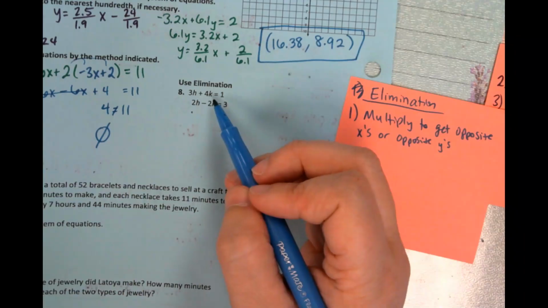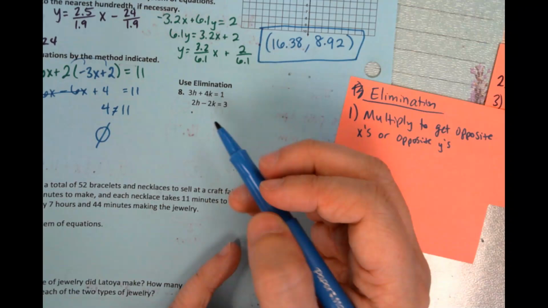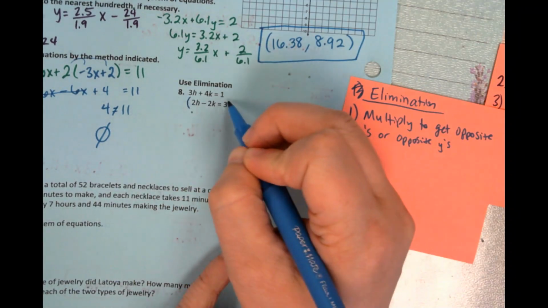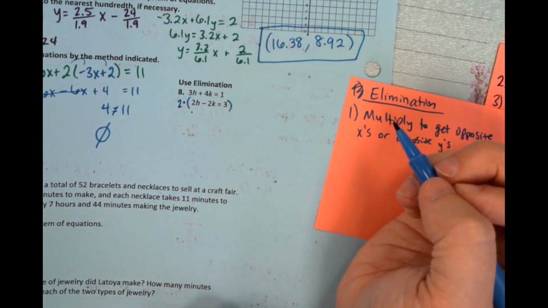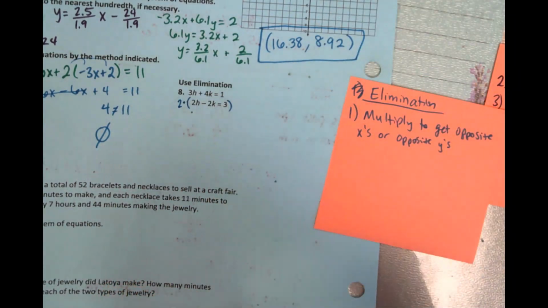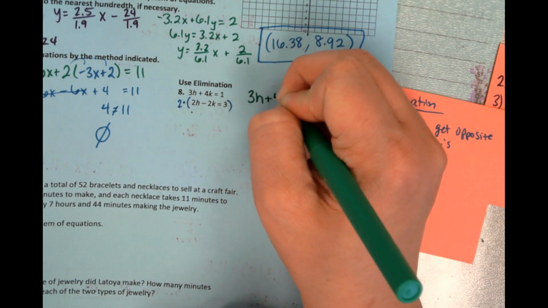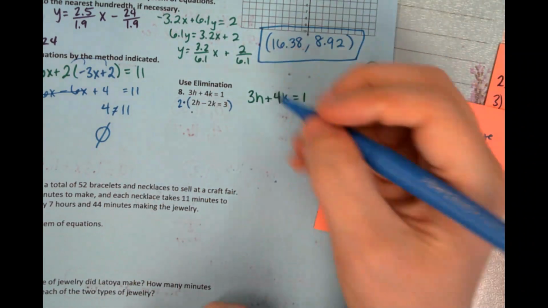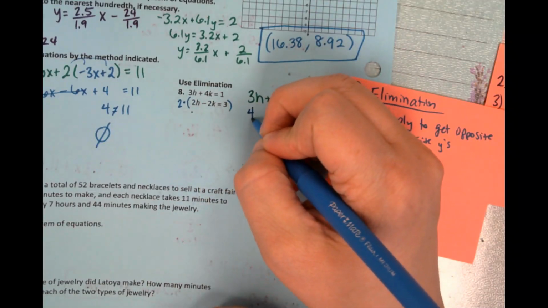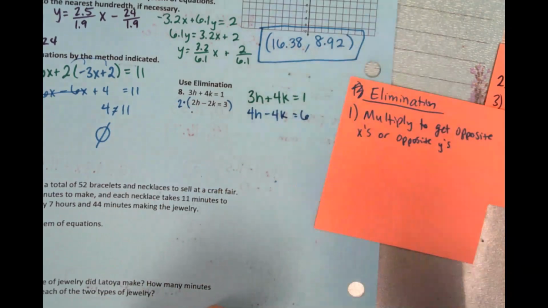That would only require me to change this negative 2 to a negative 4, which happens if I multiply by 2. The only issue is I have to multiply the entire equation by 2. So then I get to rewrite my first equation because I didn't have to mess with it. And then I have 4h minus 4k equals 6.